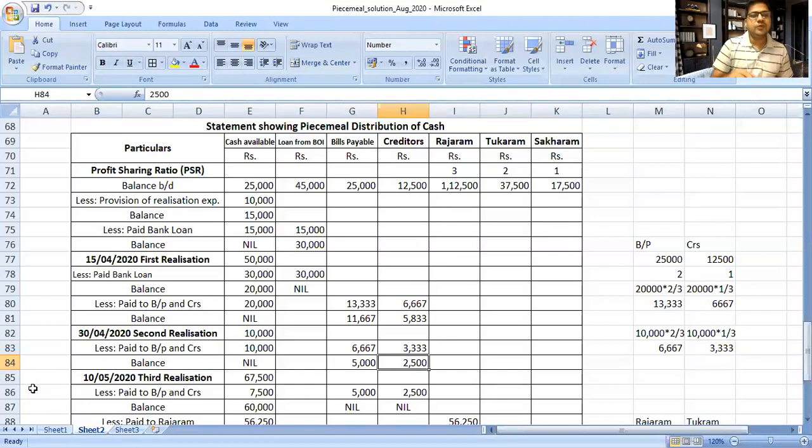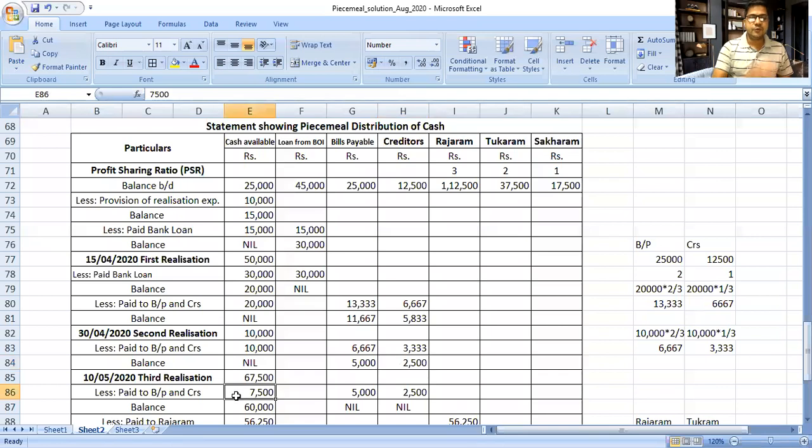Then again we will depend on the third realization. Now in our problem, on 10th May 2020, the partnership firm sold assets and received 67,500. Now friends, if you see, we want to pay the rest of the value, that is 5,000 and 2,500.